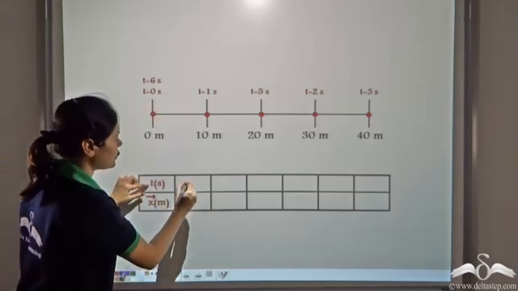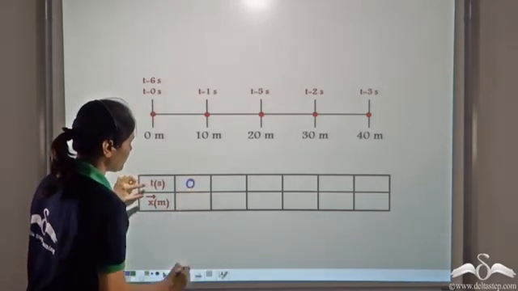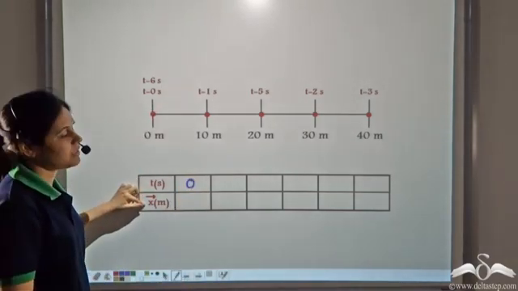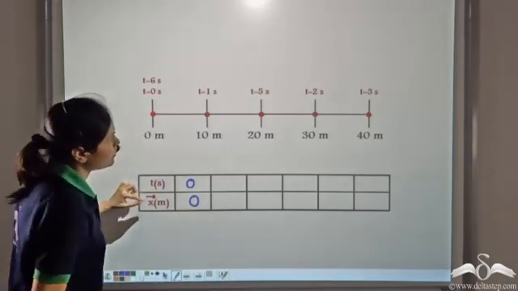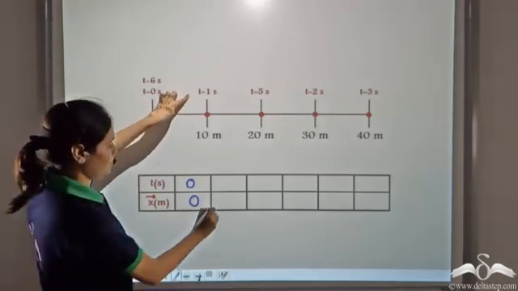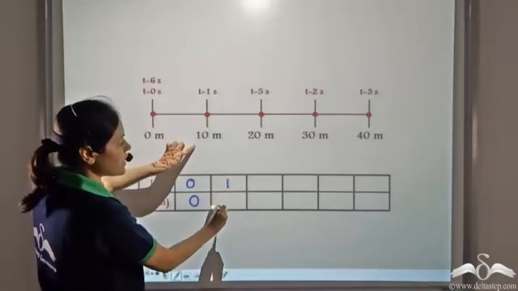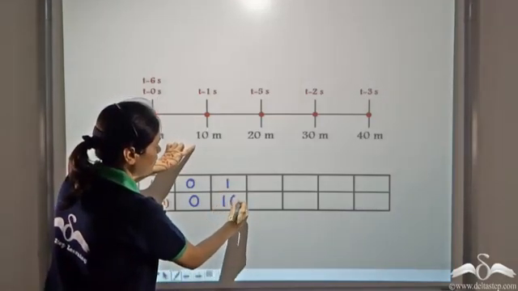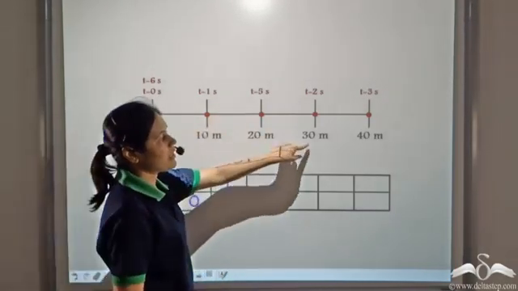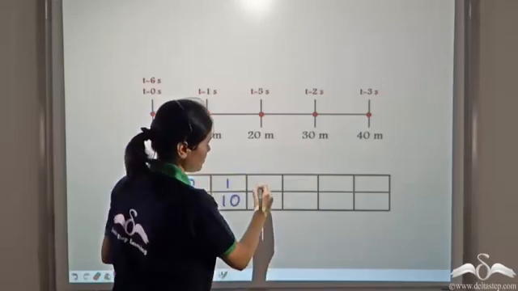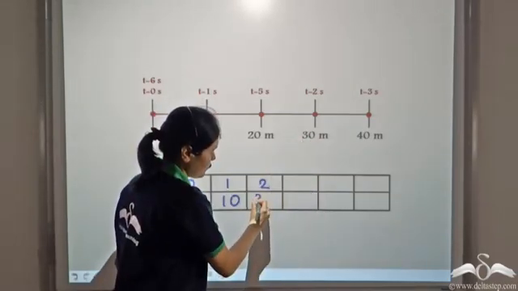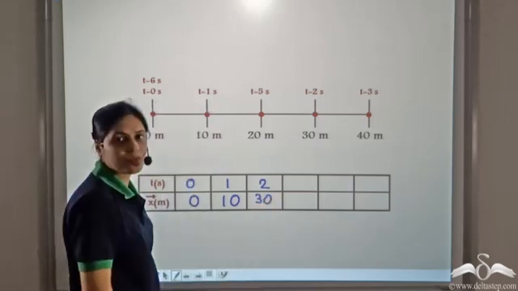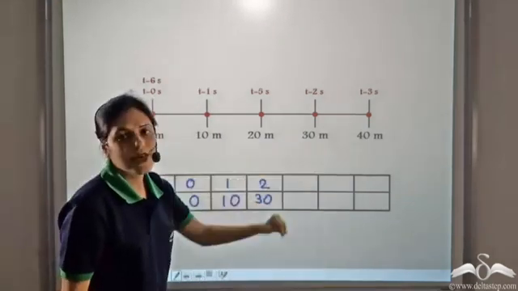At 0 seconds, where is the ball? The ball is at 0 meters. At 1 second, the ball is at 10 meters. Then next is 2 seconds. The ball is at 30 meters. 3 seconds.